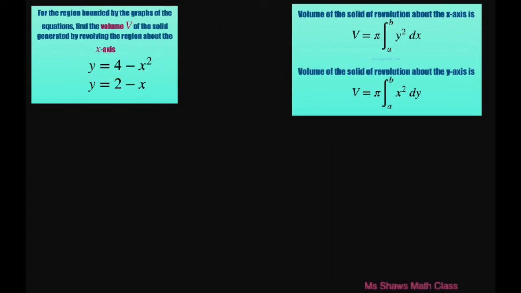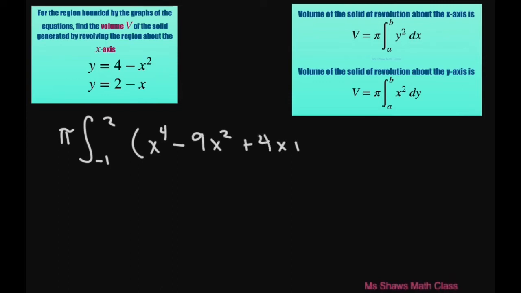So let's do that and see what we get. We're going to have pi times the integral from negative 1 to 2 of x to the power of 4 minus 9x squared plus 4x plus 12 dx.